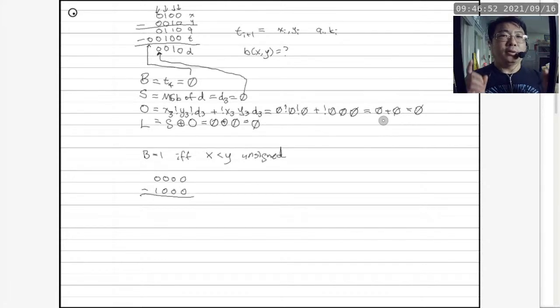It is the interpretation of the zeros and ones after the subtraction that is important when we say these are signed numbers or these are unsigned numbers. The way we interpret the zeros and ones afterwards is what differentiates signed versus unsigned. That's one way to look at this subtraction. You can say it is 0 minus 8, but there's an alternative way to look at the 1, 0, 0, 0, which I'm going to talk about later.